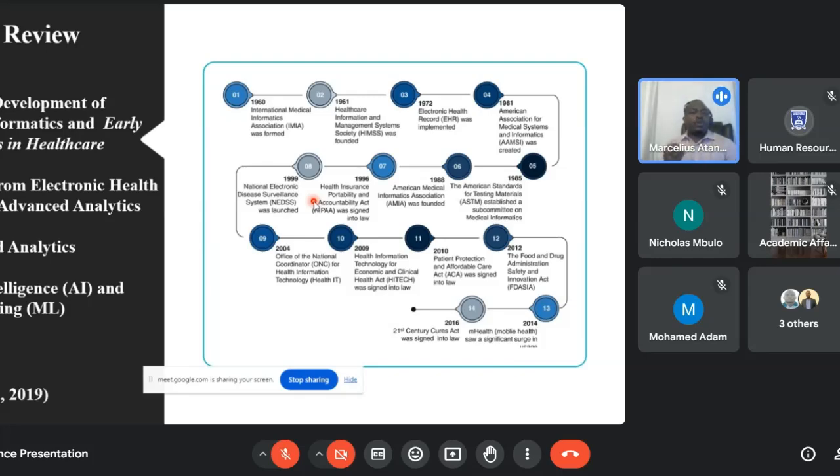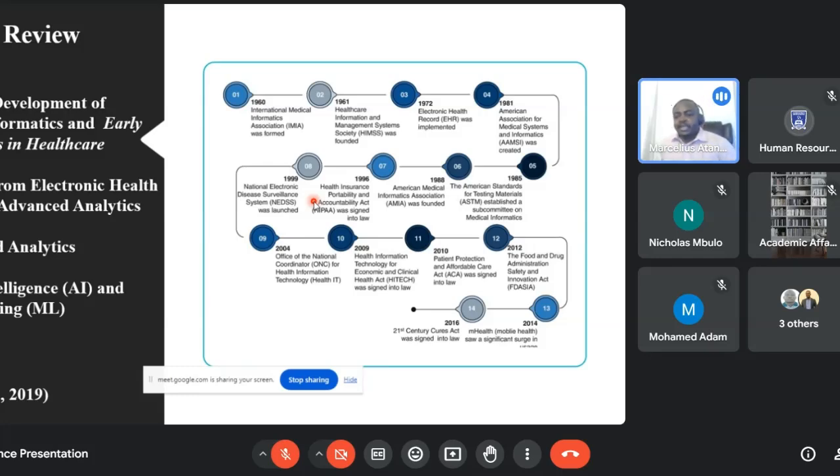We looked at the evolution of electronic healthcare records to advanced analytics, big data analytics, artificial intelligence, and machine learning. We looked across how a lot of organizations have come up to promote research and other aspects that will advance health informatics, medical informatics.